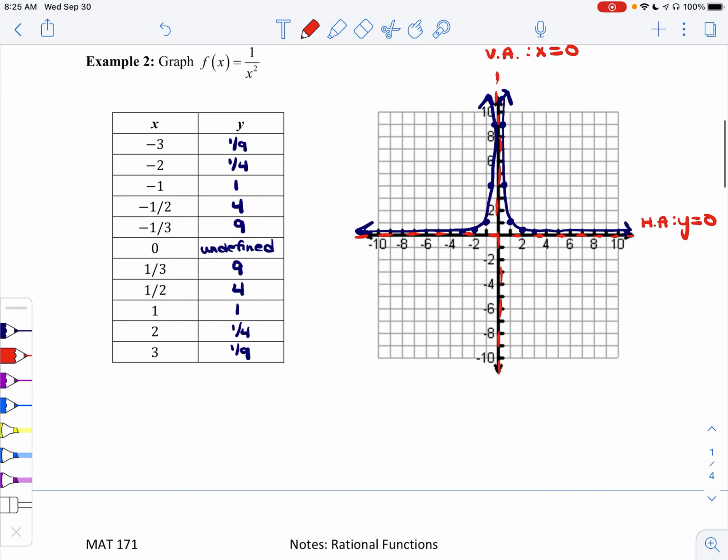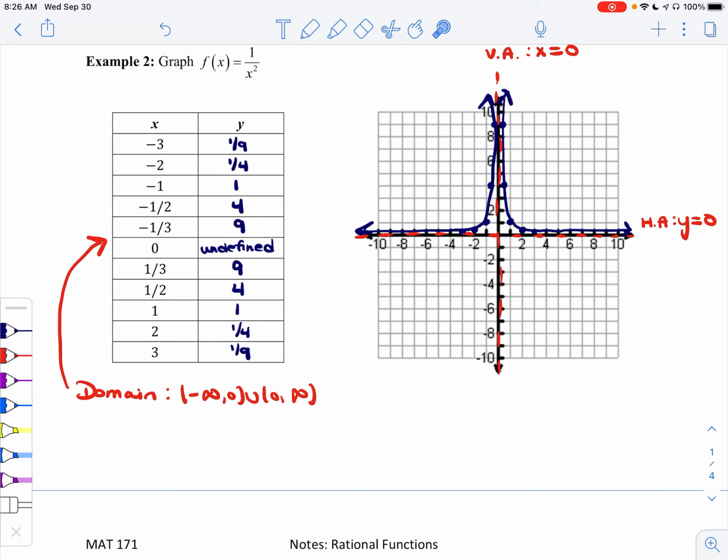Now again, our domain comes from anywhere that the function is undefined. So it'd be negative infinity to 0, union 0 to infinity again, because we have to exclude that x value that causes a 0 in the denominator.